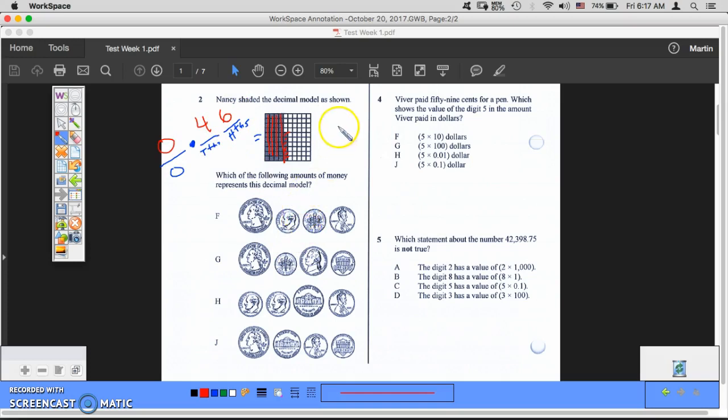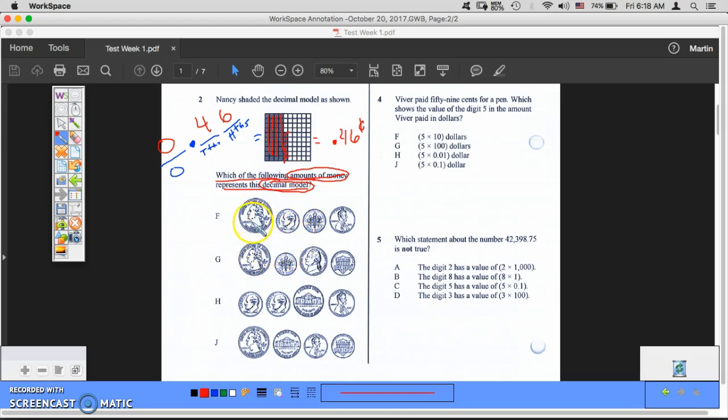Or since I'm dealing with money, it would be 46 cents. Okay. So let me read the question over here. I underline it. Which of the following amounts of money represents this decimal model? So what I'm looking for is, I'm trying to find this number in change. So let me circle looking for the amounts of money and then this decimal model.